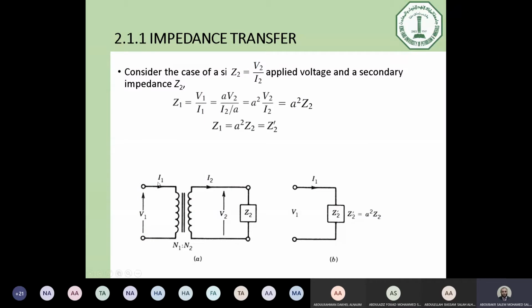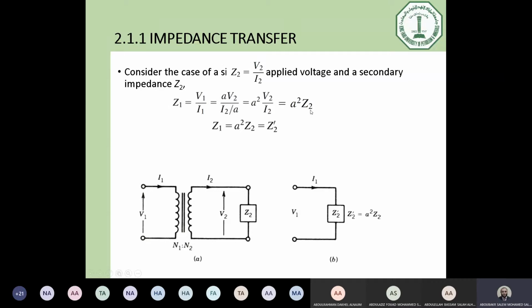So simply we can say that Z1 equals V1 divided by I1, and you can calculate V1 as the turns ratio multiplied by V2, because we have V1 over V2 equals turns ratio, and I1 equals I2 over A. So simply from here we can say that Z1 equals A squared multiplied by V2 over I2. And V2 over I2 equals Z2, so we can say A squared Z2.